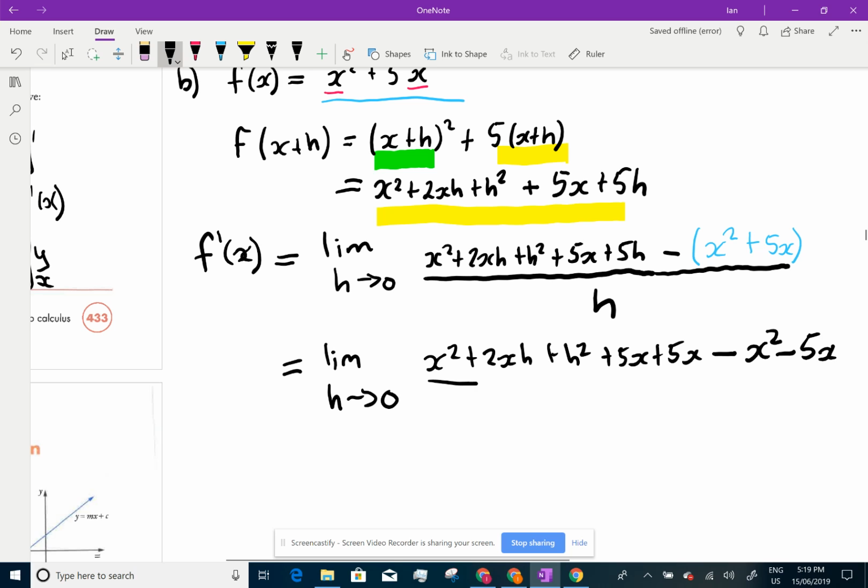When I got rid of the parentheses here, they became minus x squared and minus 5x. Okay, let's go back now. What's going to happen? Well, let's get rid of that. The x squared minus x squared will cancel them out. And the 5x minus the 5x will cancel them out.